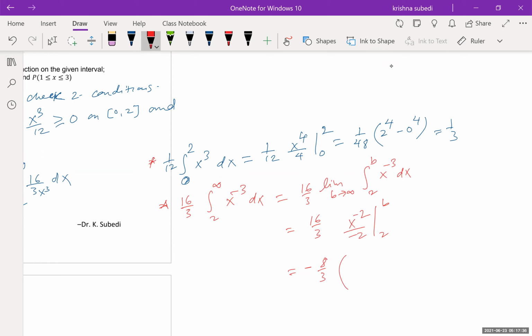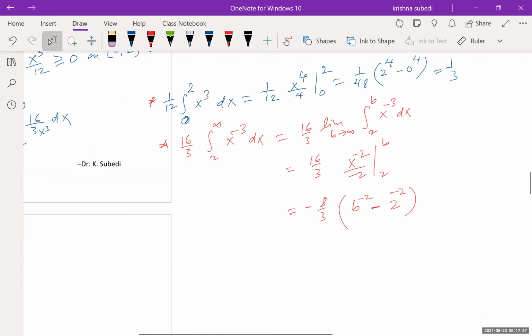And so you're going to get b to the negative 2 minus 2 to the negative 2. And I need to write the limit here. So the limit is limit b tends to infinity. Now, I trust that you know how to solve it easily.